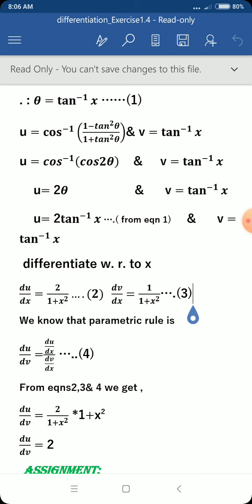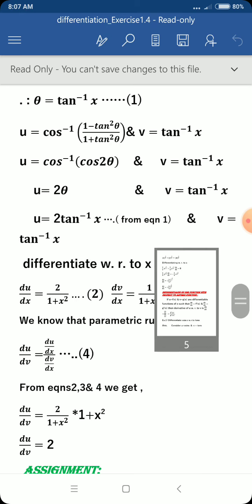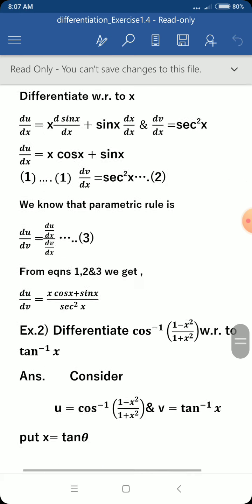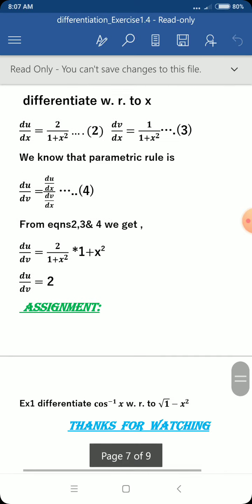Call this equation number third. Now we know that the parametric rule is du upon dv equal to du upon dx upon dv upon dx. Call this equation number 4.